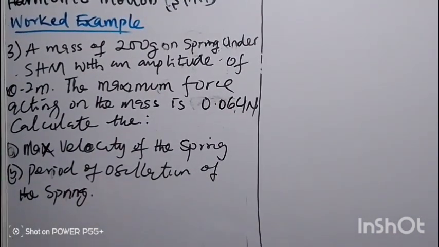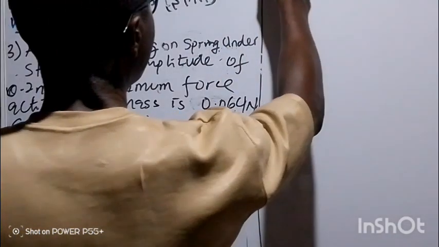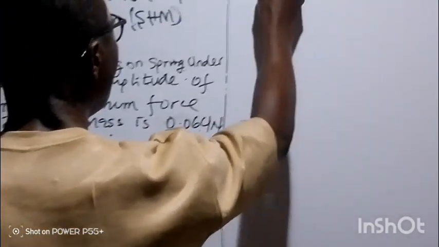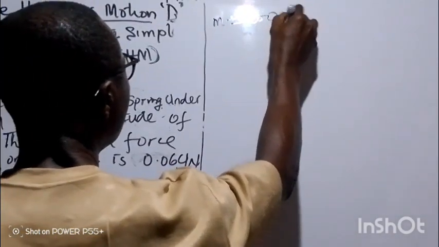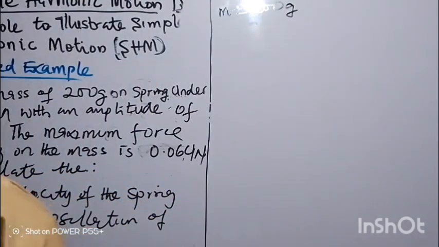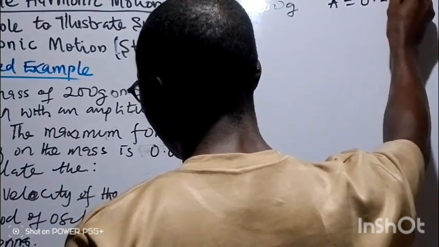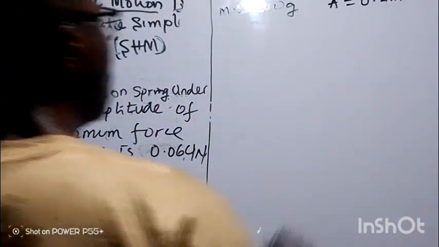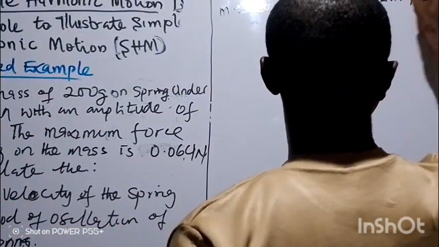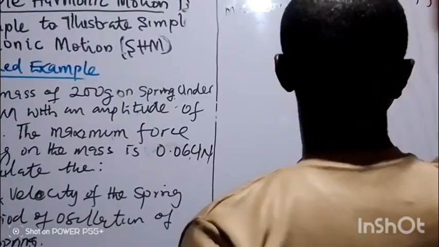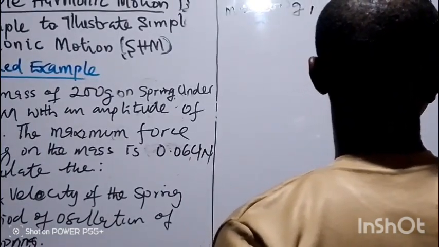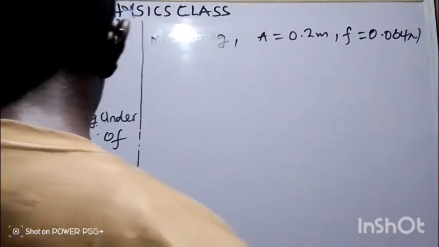Let's write out the parameters in the question. Mass is given as 200 grams. Amplitude A is given as 0.2 meter. Force is given as 0.064 Newton. And we have to calculate maximum velocity.